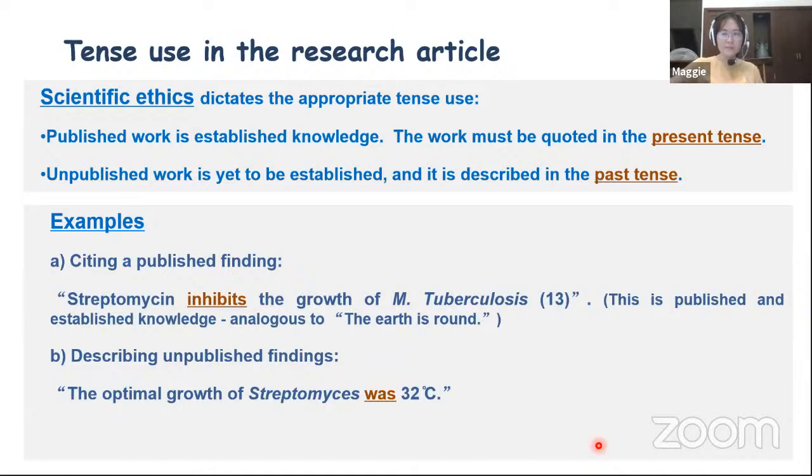For example, when you cite a published finding, "streptomycin inhibits the growth of tuberculosis," because it's already a published paper, you cite it. You are talking about established knowledge, so you use the present tense. However, when you describe unpublished findings, "the optimal growth of streptomycin was 32 degrees," because it's unpublished work. So when describing your results or talking about the methods you performed, use the past tense.